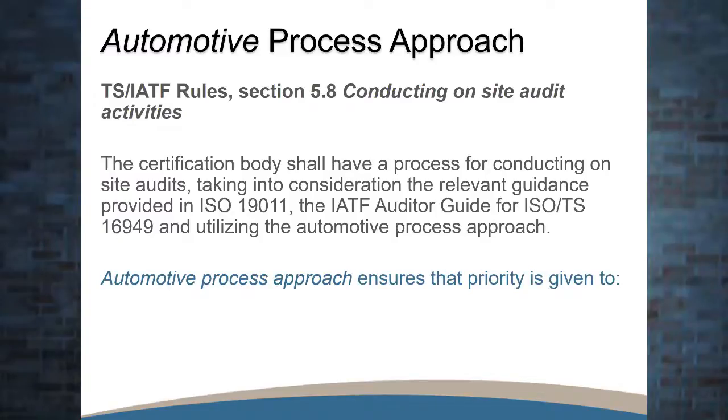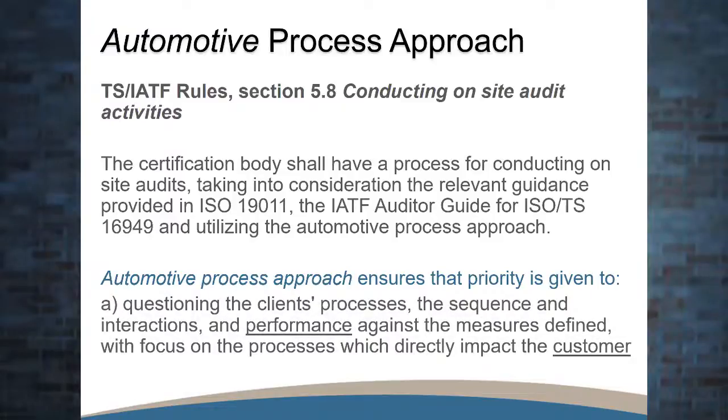The automotive process approach ensures that priority is given to questioning the client's processes, the sequence and interaction, and performance against the measures defined, with a focus on the processes which directly impact the customer.